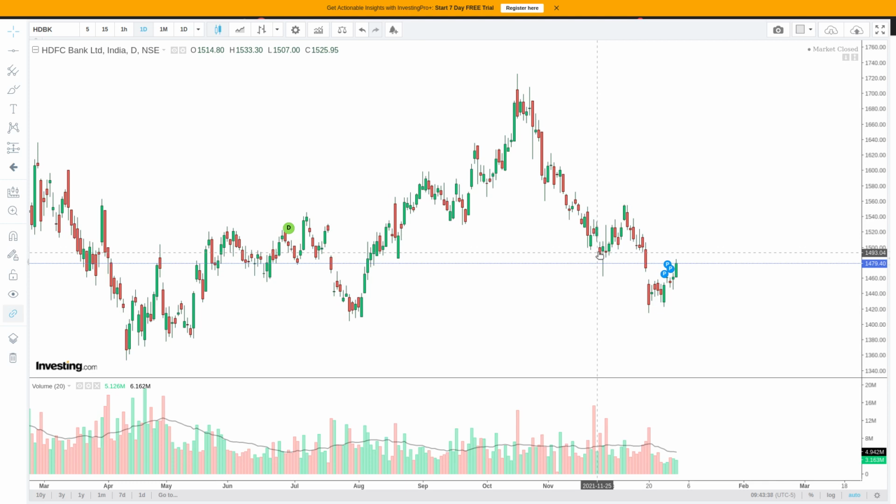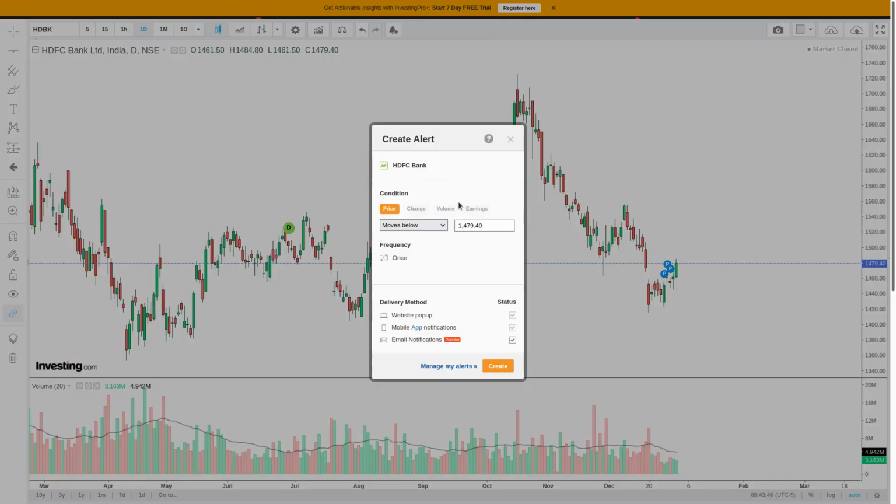On top of that, another problem I faced was the concept of whenever you are putting an alert, say for example on HDFC Bank, whether it moves below or moves above. This sort of logic was very elusive, and I was never convinced about it.